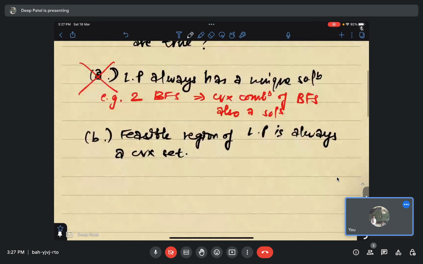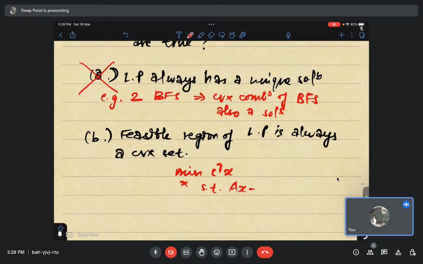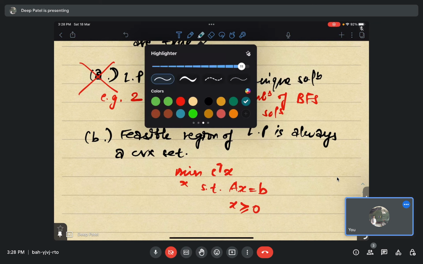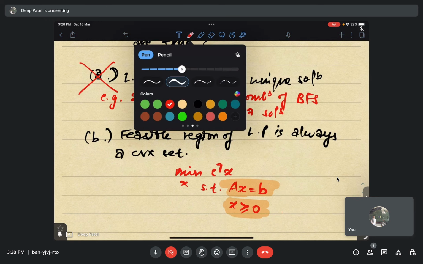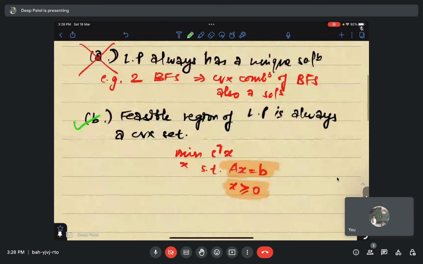Okay, so we'll just go with the standard form of LP. We have minimize c transpose x such that Ax equals b and x greater than or equal to 0. It is easy to see that Ax equals b and x greater than or equal to 0 is a convex set, bounded by half planes.